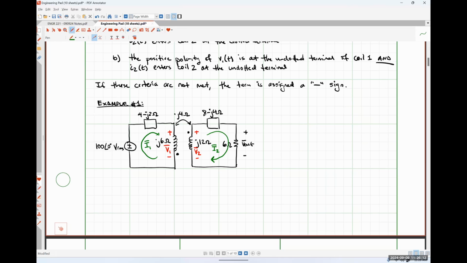Before we get into any of the analysis, the first thing I do when I approach any of these problems is to define my voltages V1 and V2 in terms of my mesh currents.